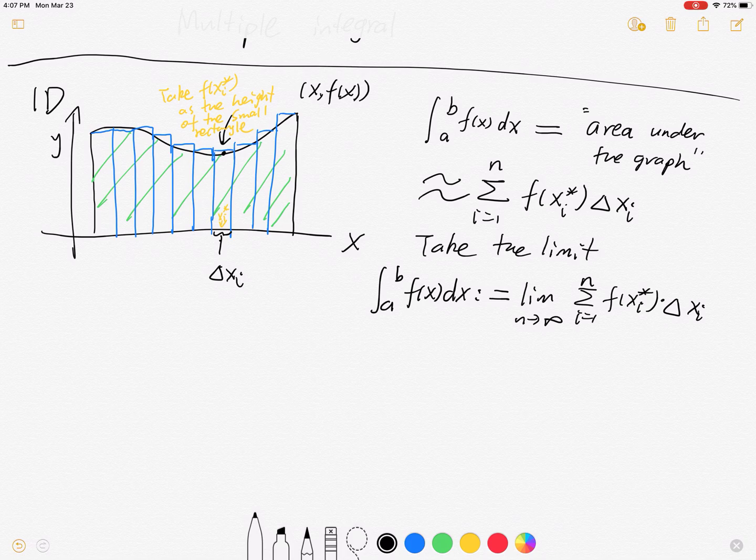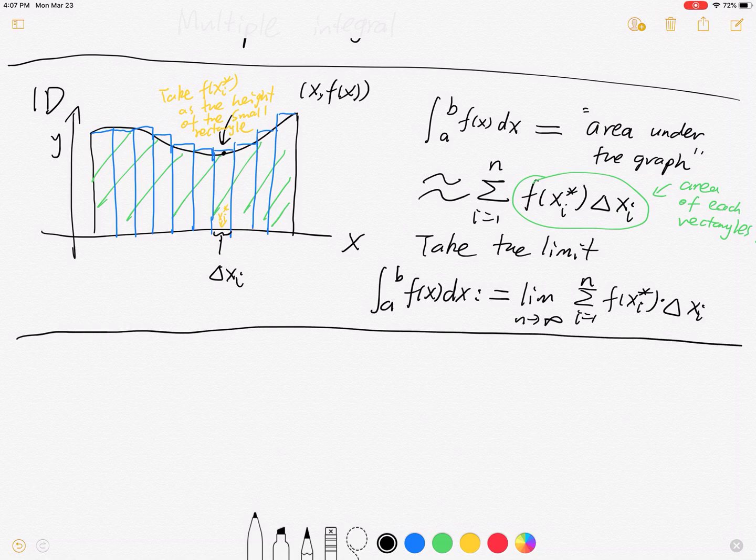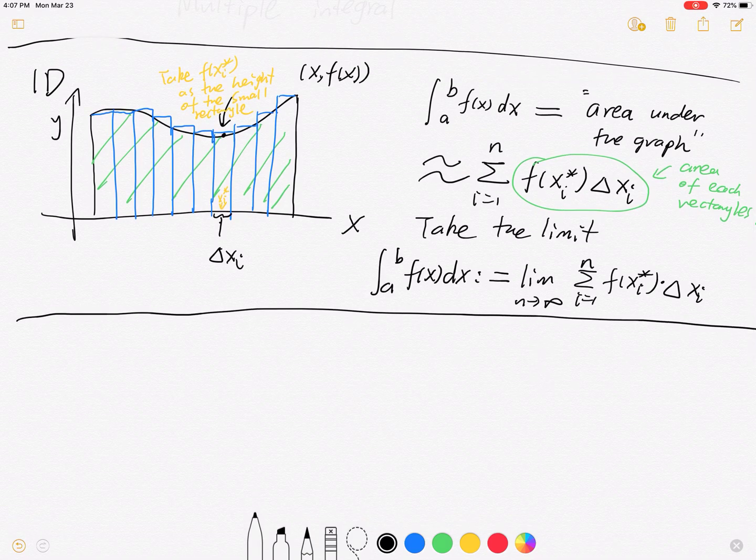Actually, you will notice this is the area of each rectangle. Okay, this is almost rigorous. If you need the rigorous definition, I refer you to the mathematical analysis class.